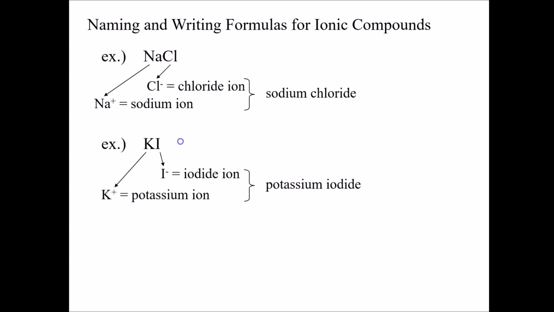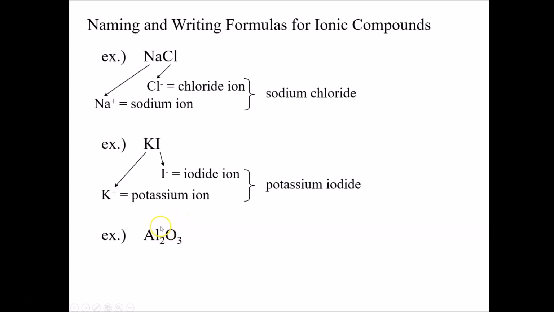All right, this one I don't want you to get confused by the numbers. The numbers here have nothing to do with the name, okay? The only reason that there are numbers down here, if you remember, the crisscross method said that whatever the charge was here, I had to move that number down here.